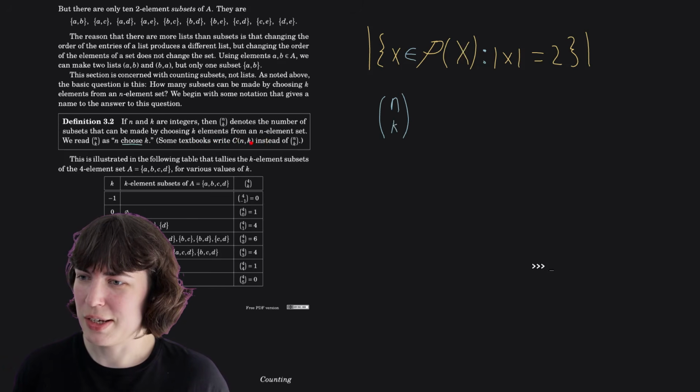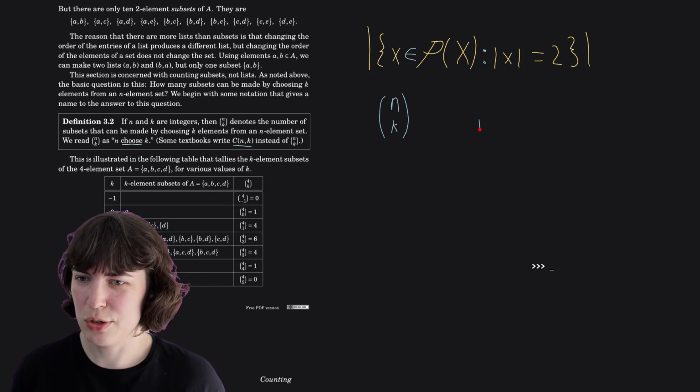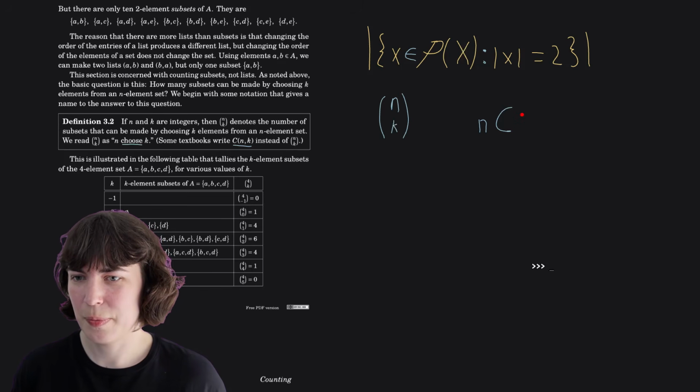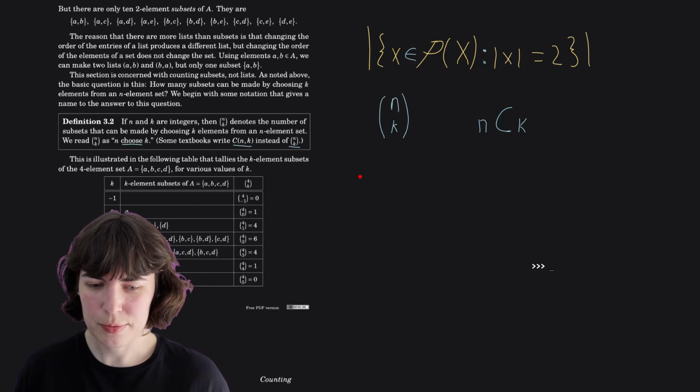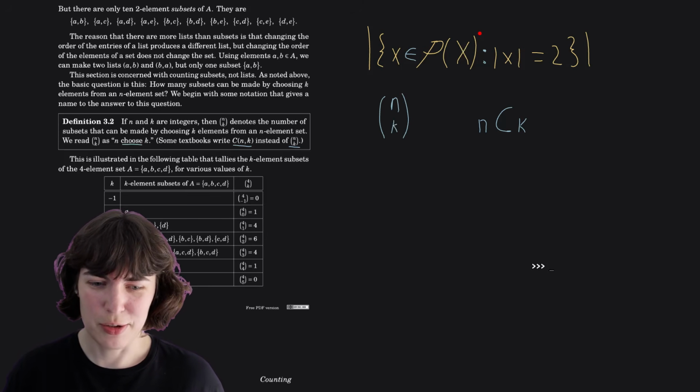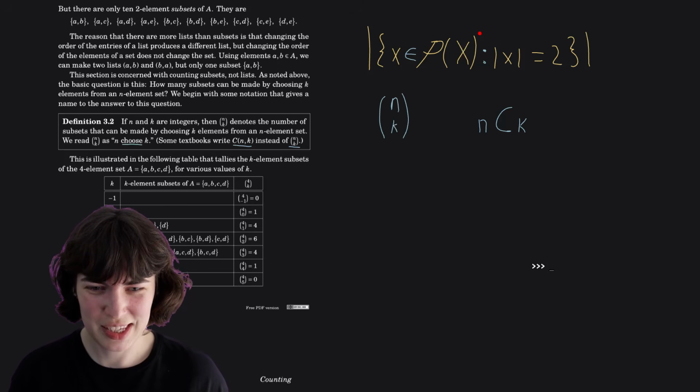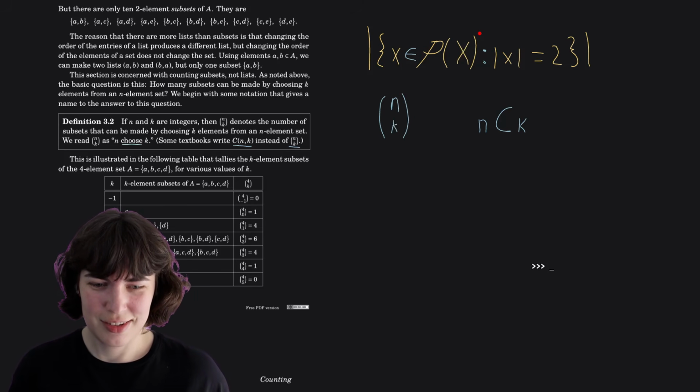Some textbooks write C(n,k). I think at school I was taught n big C k. They taught me that instead of this. Well, anyway. Piano. Okay. Got it. Usually the n is superscript, huh?